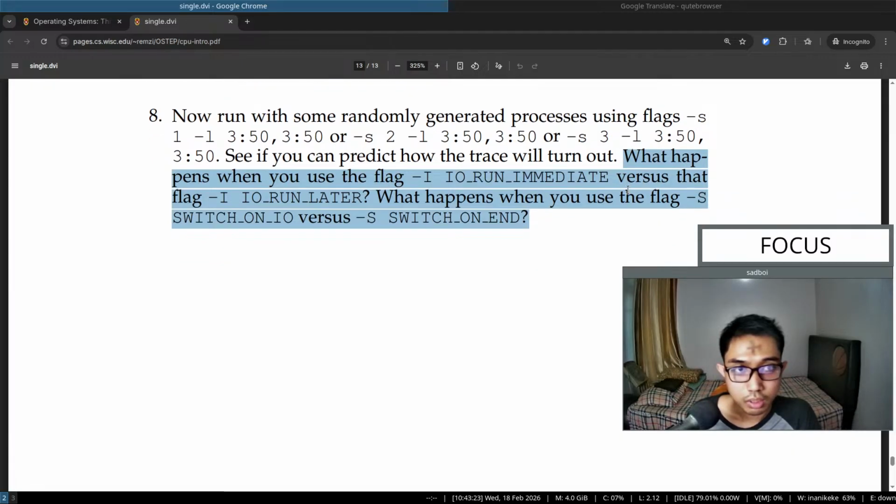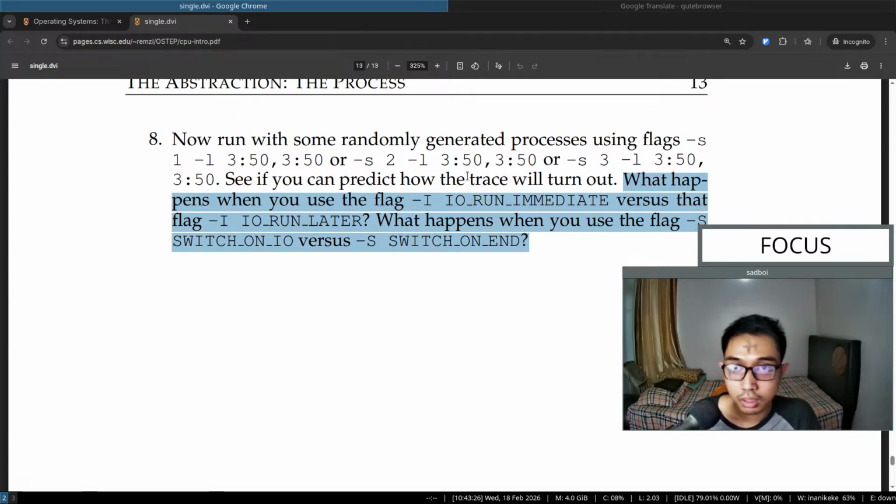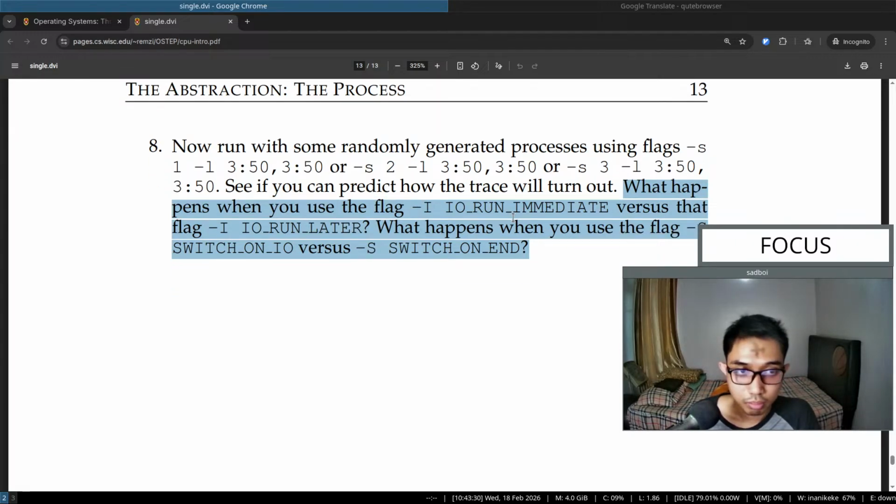I think I will take a look at this on the next session. It's gonna be a long process, I assume.